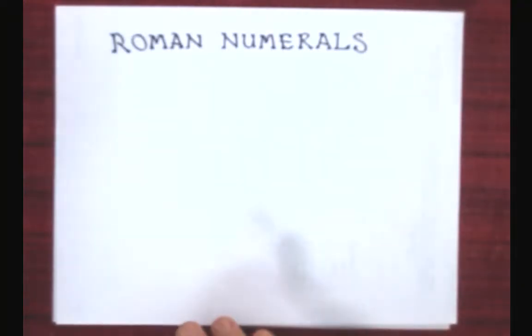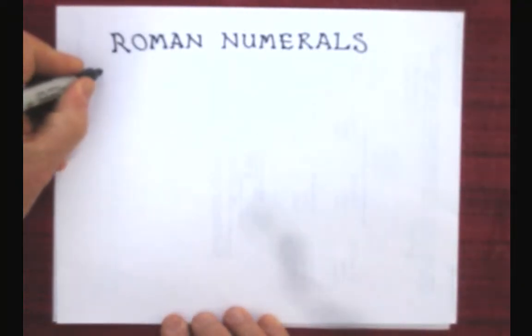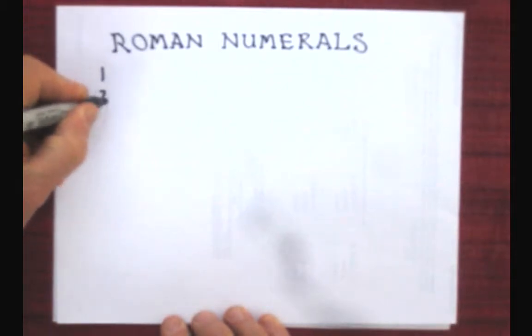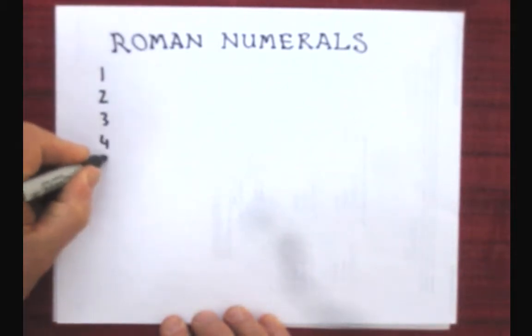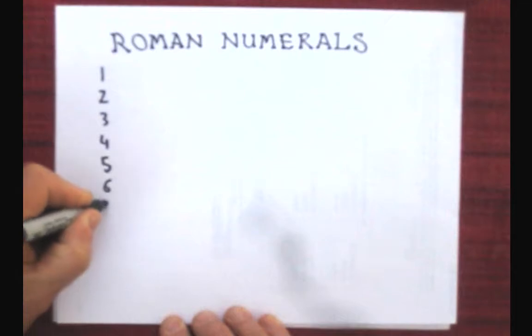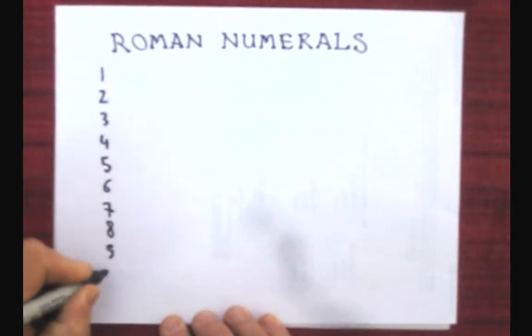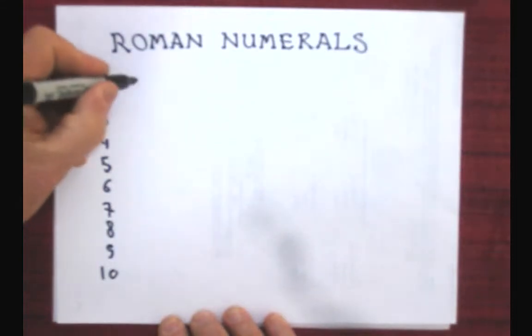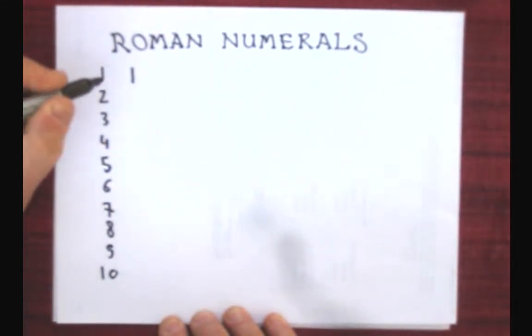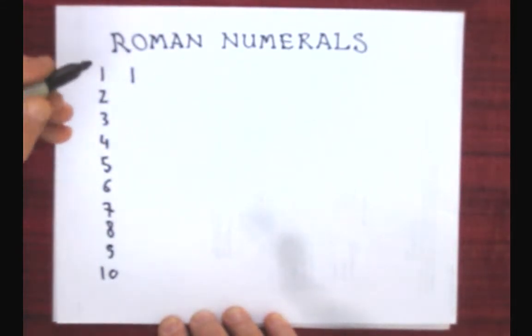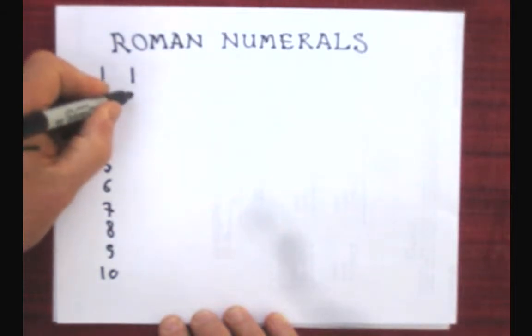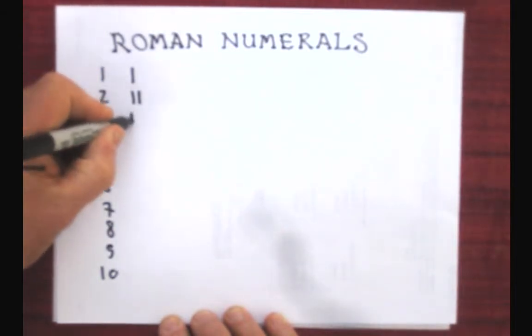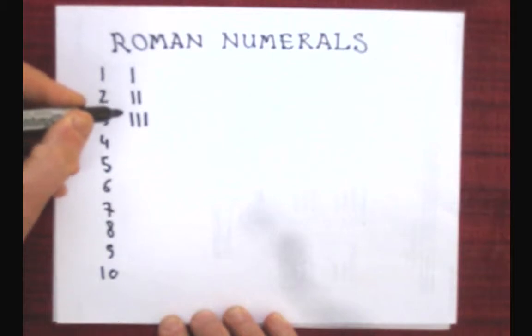So let's count in Roman numerals. We'll count 1, 2, 3, 4. This is how we write them. 6, 7, 8, 9, 10, etc. So Roman numerals are like this. 1 is I. It's the capital I on your keyboard. 2, II, 3, III.